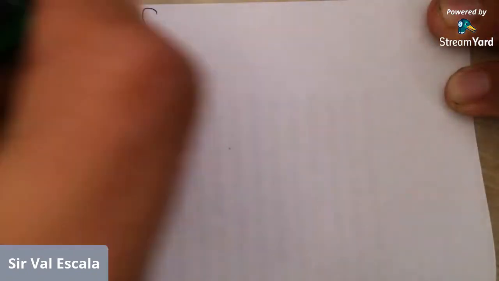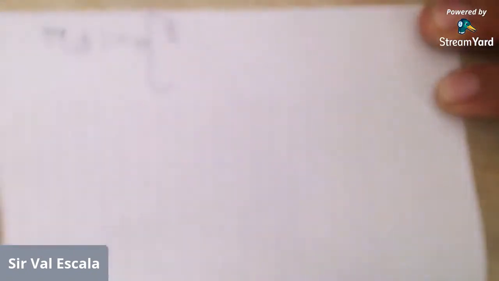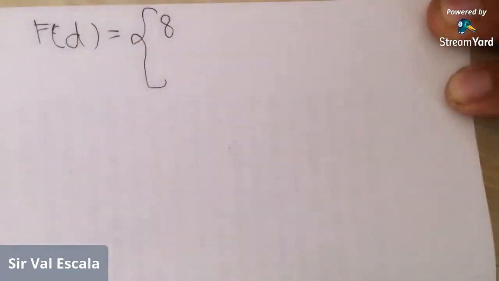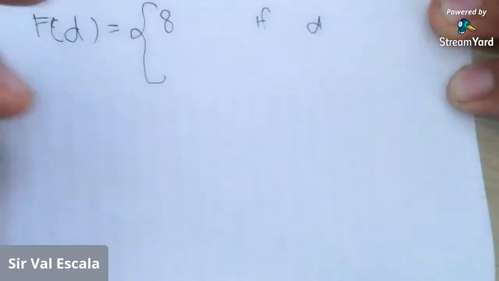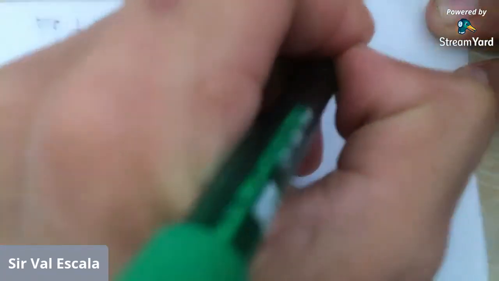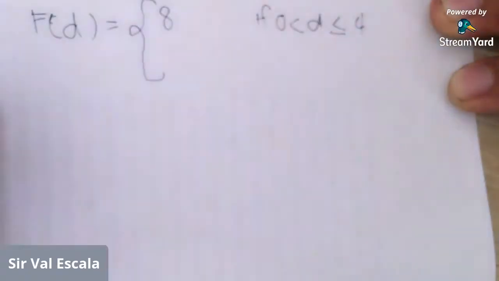So, nagsisingil daw ng 8 pesos kada first 4 kilometers. So, ibig sabihin, if d is less than or equal to 4, but greater than 0.